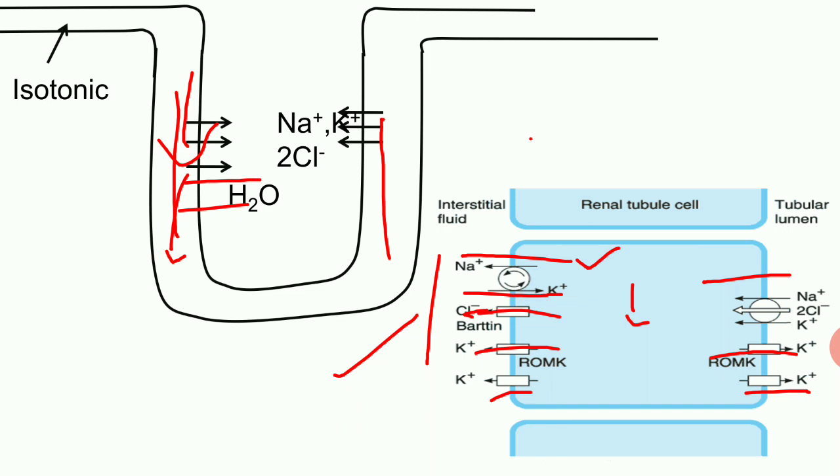When it goes into the thick ascending limb of loop of Henle, the sodium chloride is reabsorbed but water is not reabsorbed. Because of that, it will become dilute. So hypotonic fluid will come into the distal convoluted tubule.